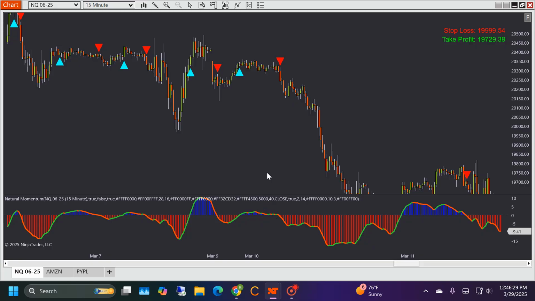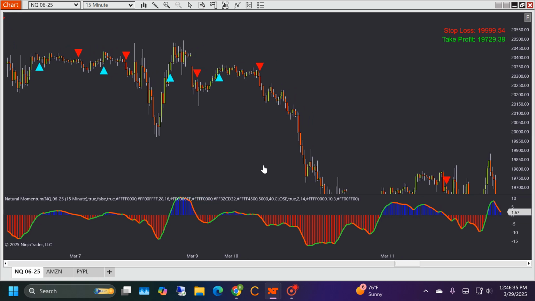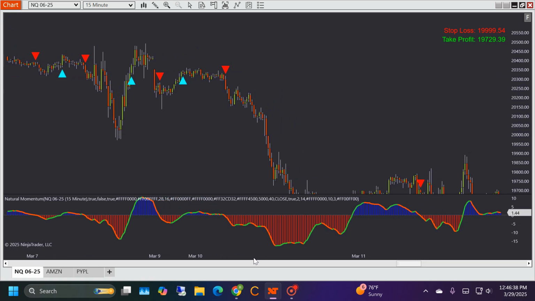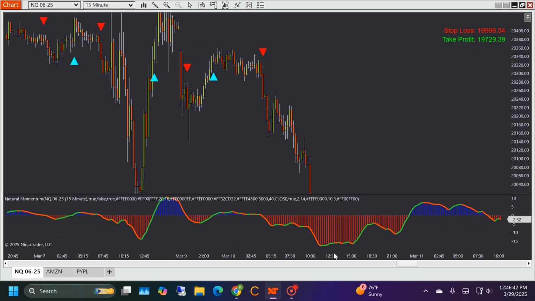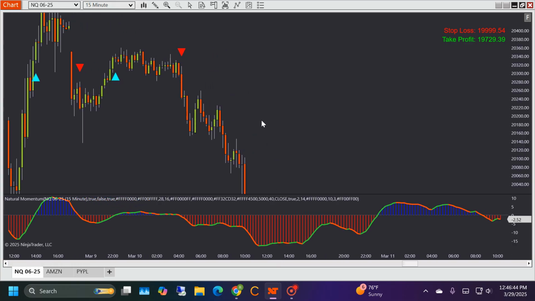You're wanting to use this indicator to help capture the big moves. Try and get in early on the big moves up or down. So we'll go over some very simple, easy ways to capture some of that.